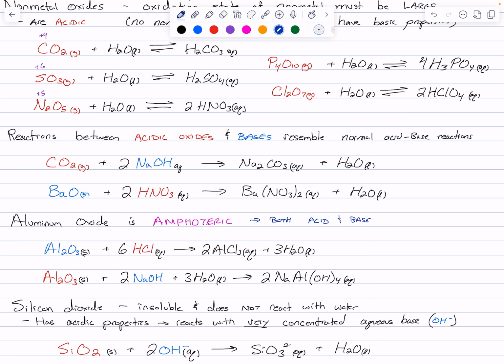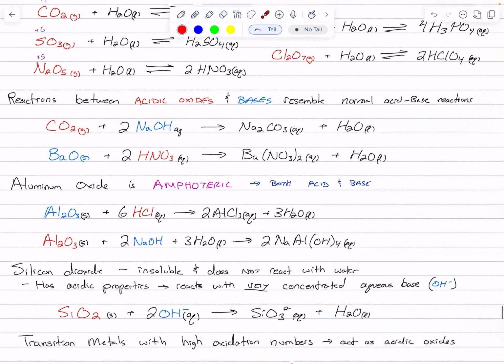If we put our aluminum oxide, as a base, with an acid, it makes aluminum chloride and water, salt and water. As an acid, it's going to react with a base. So here's aluminum oxide as an acid, with a base of sodium hydroxide and water, and it makes an adduct. Kind of neat.